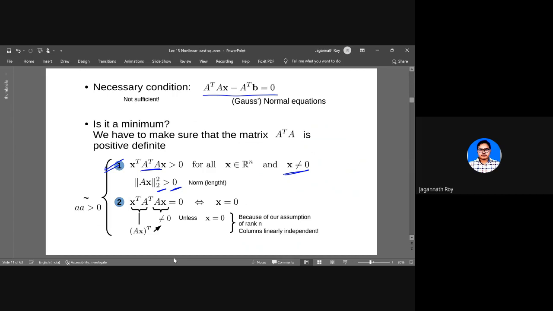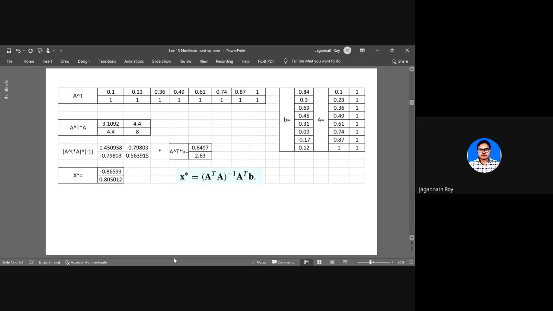But in this case, we will have non-zero, because all the differences are actually not equal. So at least one of them is not equal to zero, so we will have a positive quantity. So the Hessian matrix will be positive definite in this case.